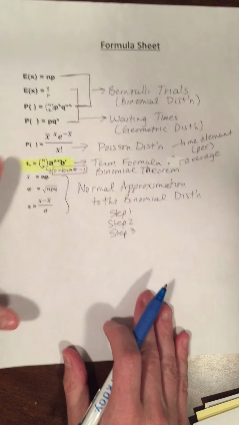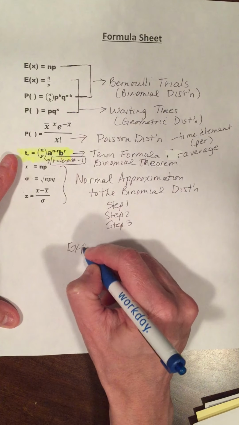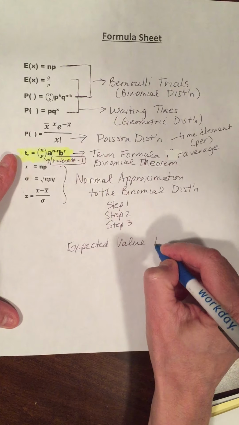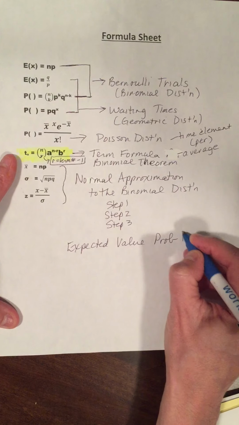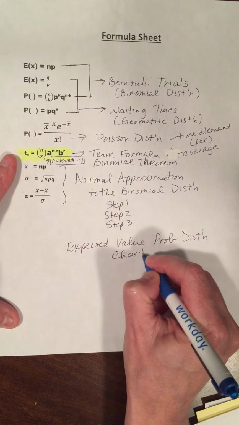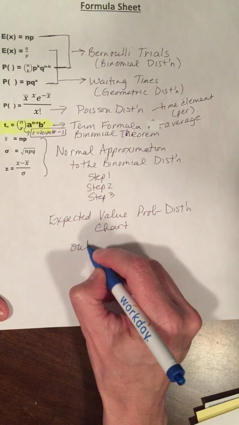The only other thing I want to throw on our little formula sheet is our expected value, probability distribution chart. And that's way, way back from our very first lesson.